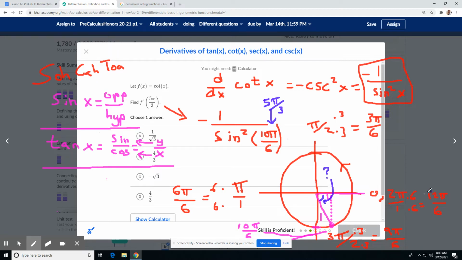All right, so let's go ahead and use the 12 pi over 6 and the 10 pi over 6. And we're going the other direction here.